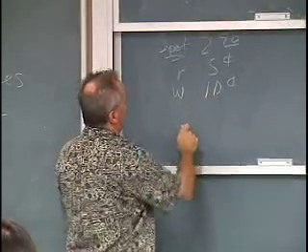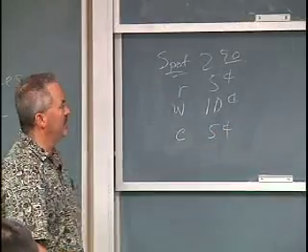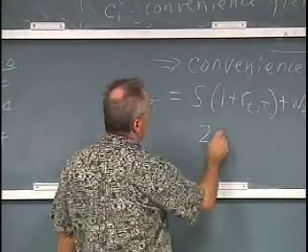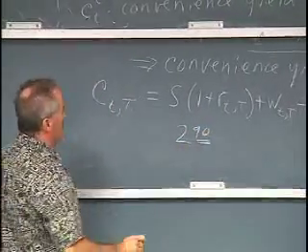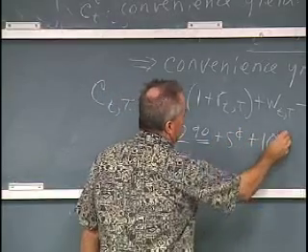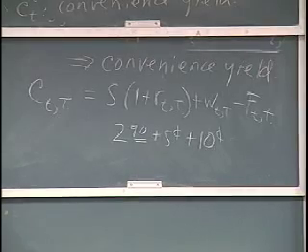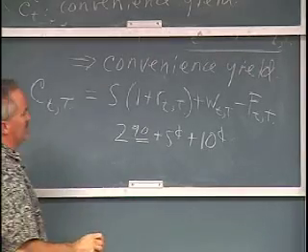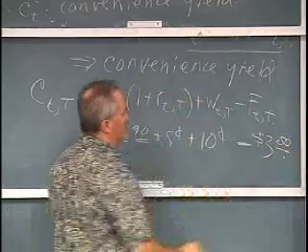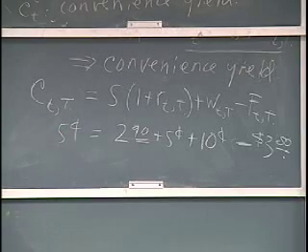And if we set the convenience yield at 5 cents, then we have the spot, which is 290, plus 5 cents, plus your 10 cents, which gives us 305. If the futures price is only $3, then we have a convenience yield of 5 cents.